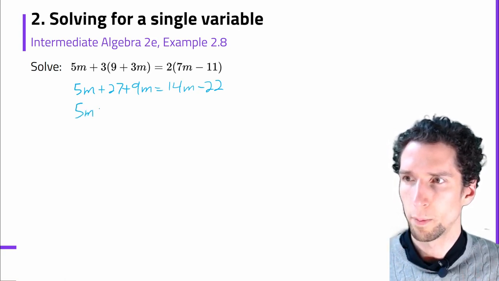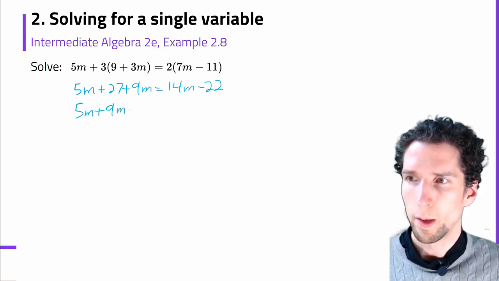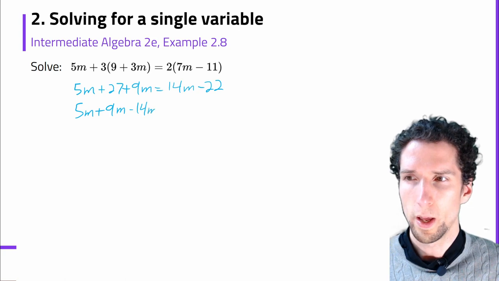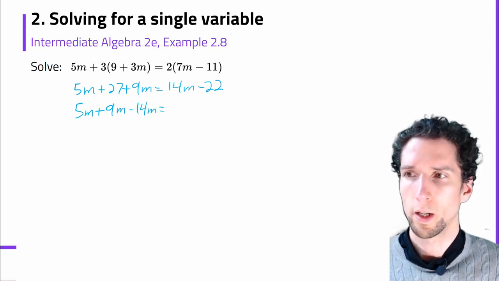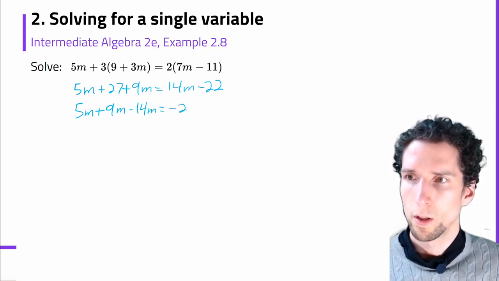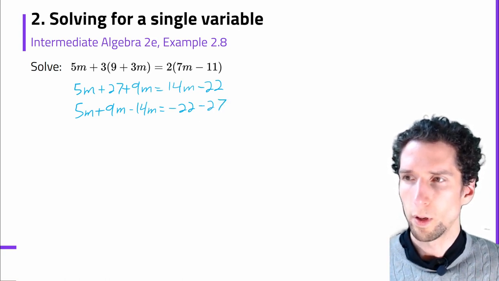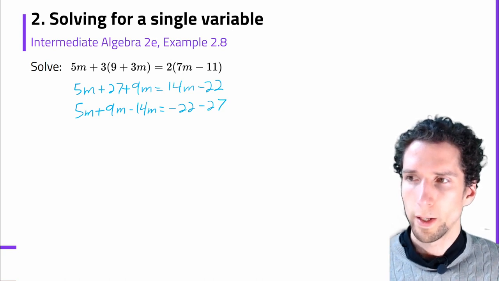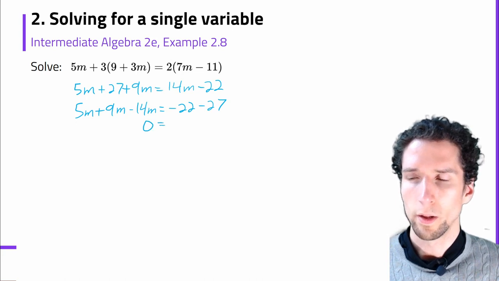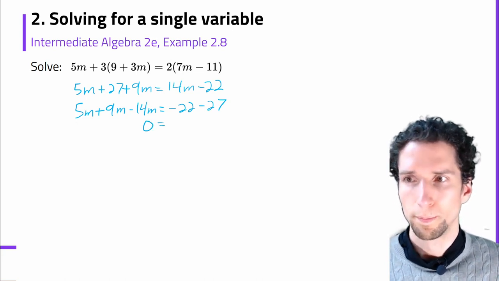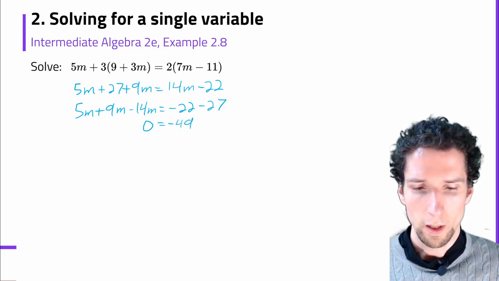So 5m plus 9m minus 14m, and on the right side we have negative 22 and minus 27. So the left side, 14m minus 14m, that's just 0, and on the right side we have a negative 49 here.